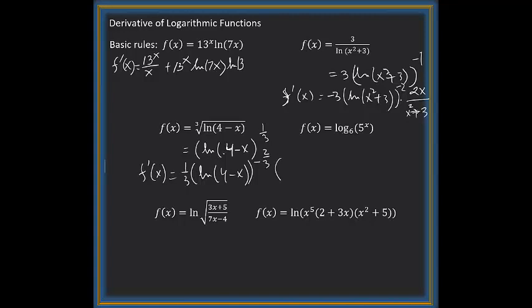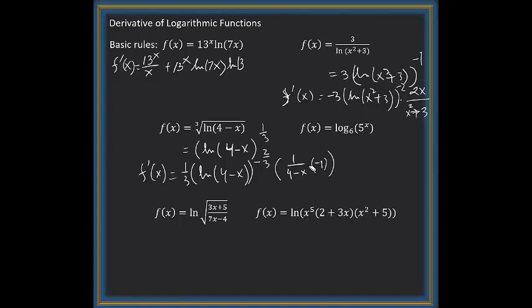And then the derivative of natural log of 4 minus x will give you 1 over 4 minus x, and the derivative of inside will give you negative 1. So further, if you simplify, you can write your simplified answer. Otherwise, I will say that you are done.